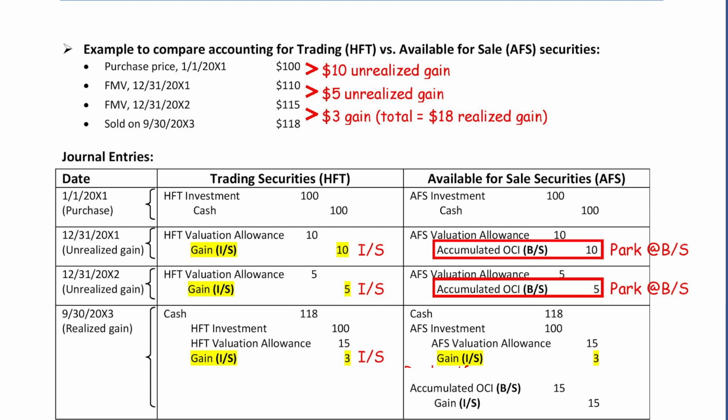How about the $15 of unrealized gains on that available for sale debt security which is now sold, which is parked in the balance sheet? We're going to reclassify it. So we're going to debit accumulated OCI, and the credit would be to gain of $15 which goes into the income statement. So draw a bracket around the $3 and the $15 and write I/S.